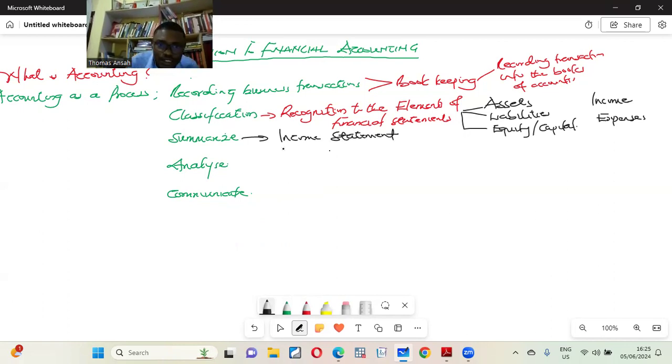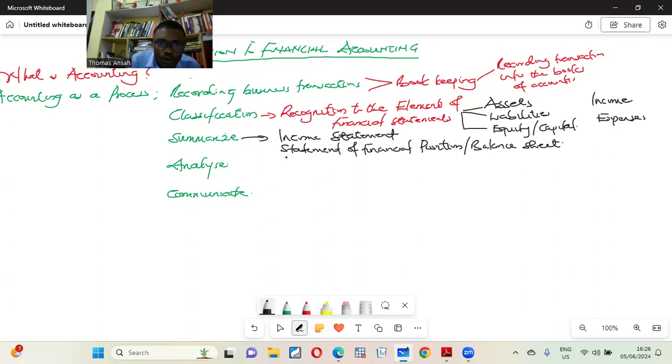You will also summarize it into preparing a statement of financial position, which we also call what? Balance sheet. So this one is also called balance sheet. You will summarize everything in the balance sheet.